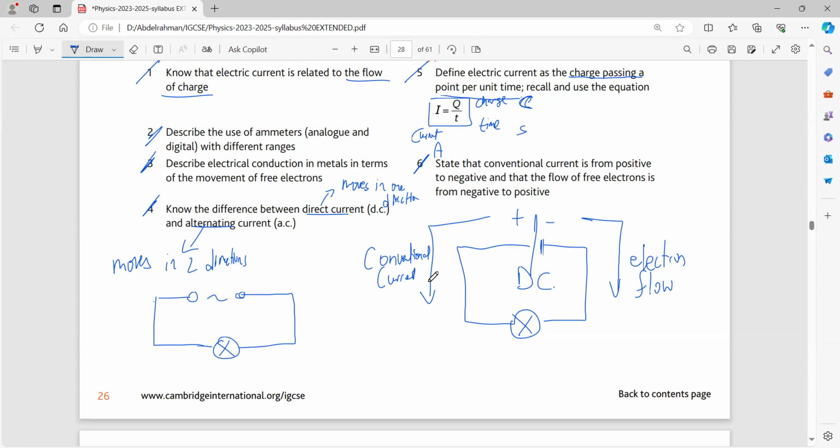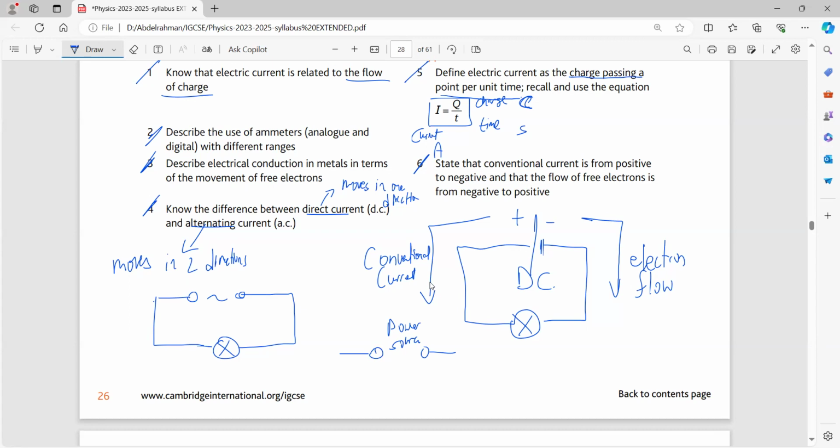But if I give you a power source such as this, this is just a power source. At this point, you have no idea whether it's a direct current or an alternating current. He has to state whether it's alternating or direct. That's it. But what if we get a question that asks us, how can you tell via diagram if it's alternating or direct current?